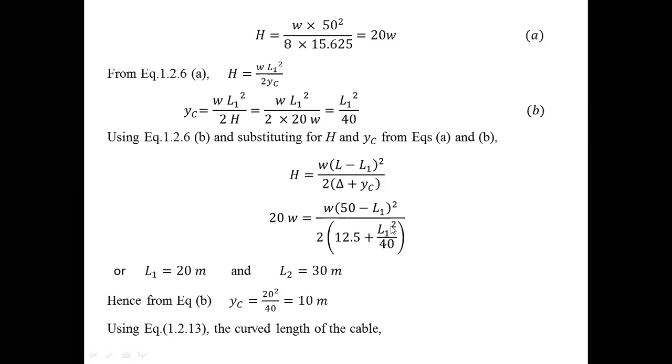So only solve the equations, you get L1 is equal to 20, L2 is equal to 30. So the lowest point is located at a distance 20 meters from left support and 30 meters from right support. That is the position. You find the position L1.